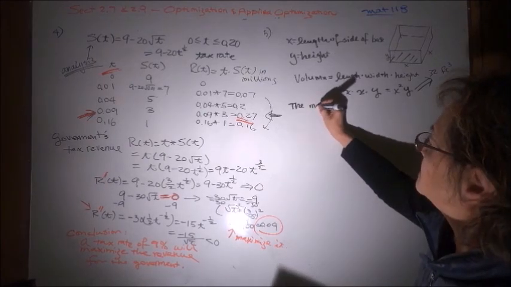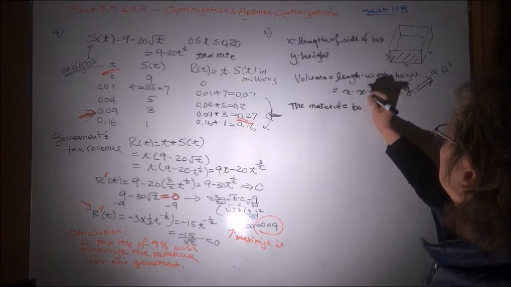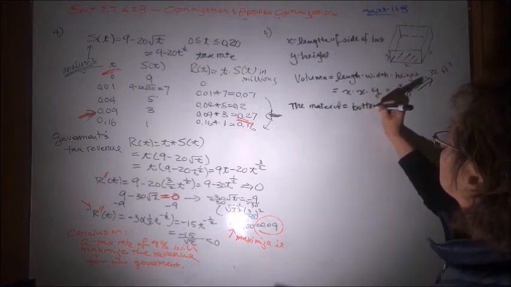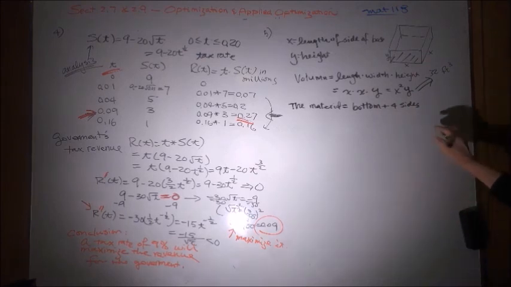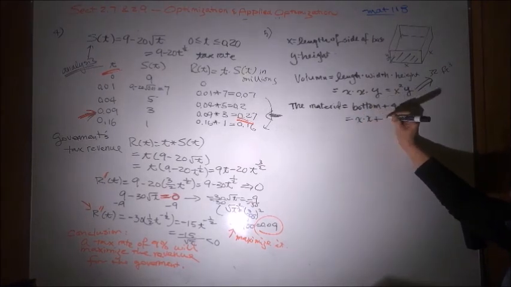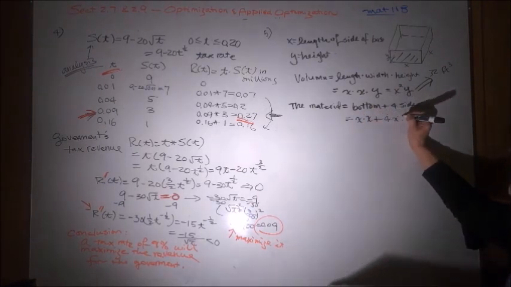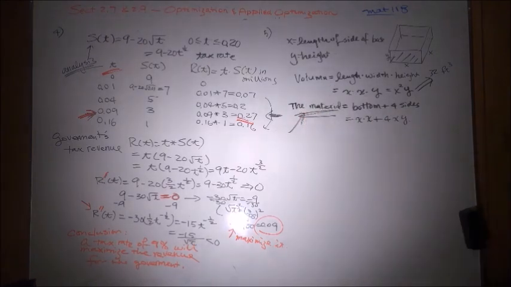So the material equals what? One bottom plus 4 sides, right? Each side will be the same. So bottom is x times x. 4 sides will be 4xy, right? So we want to minimize the material. That was the idea.